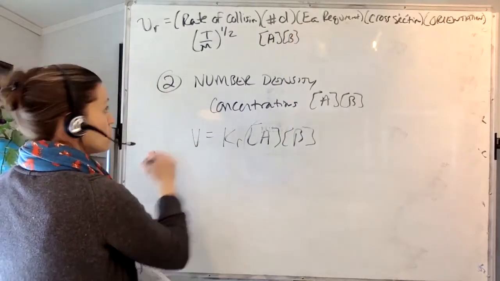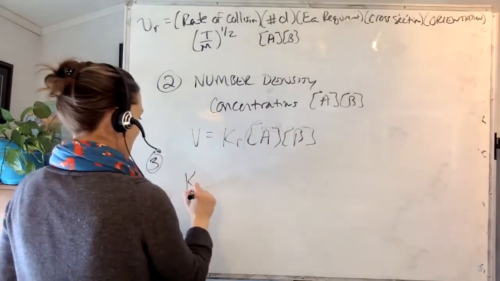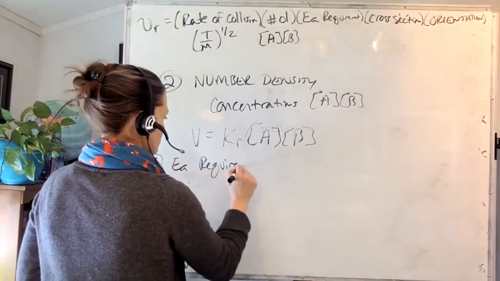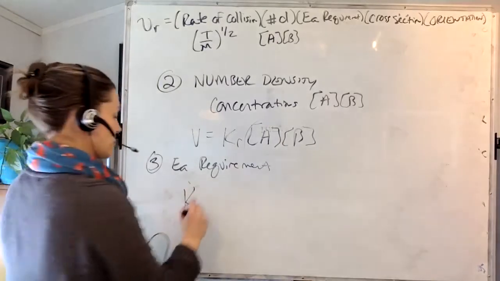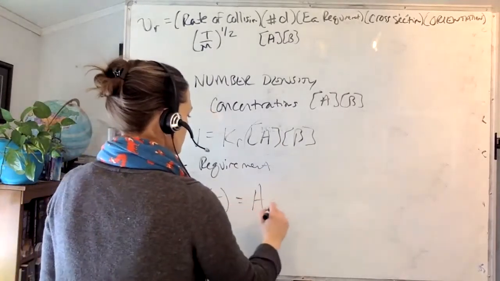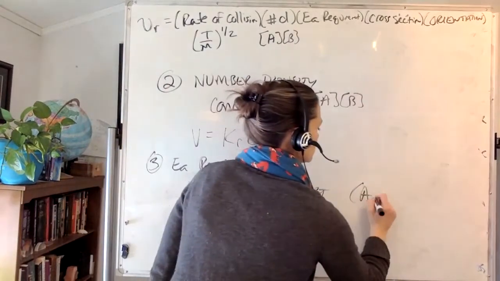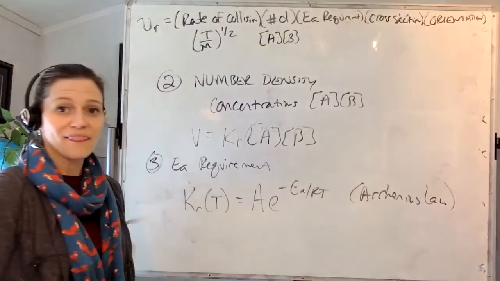And for number 3, we've got the EA requirement. We know that the rate constant kr has a temperature dependence that follows the Arrhenius law. That's cool.